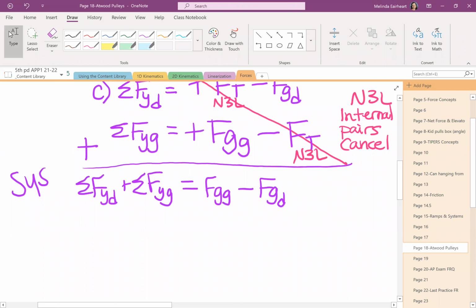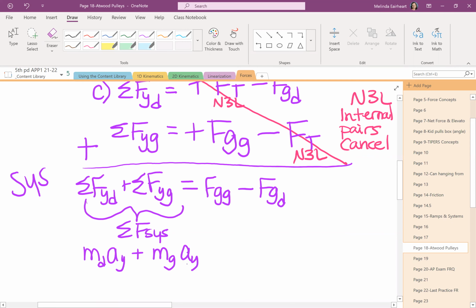Everybody good there? Notice I didn't draw a system force diagram. It gets a little harder when they're not even touching each other, right? But in the spirit, it still cancels out. And so now what? You could view all this as a system FNet, or you could say MA plus MA, or M duck AY plus M gazelle AY.